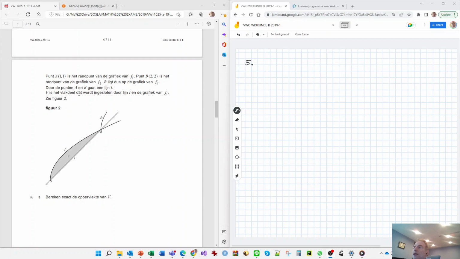And then there's a line L going through A and B, and phi is the area enclosed by L and f1. Calculate exactly the area of phi. Am I missing something here? I'm not sure why this information is relevant actually, that B is a randpunt.